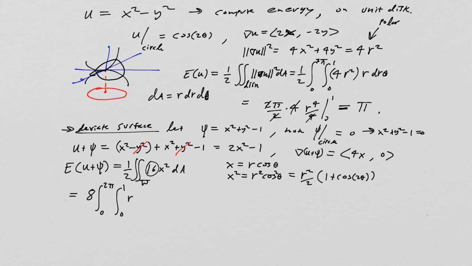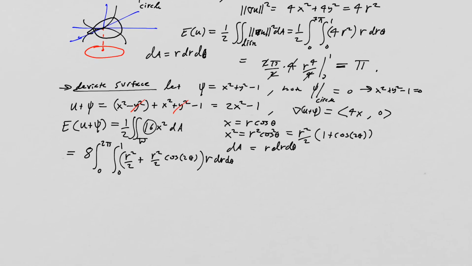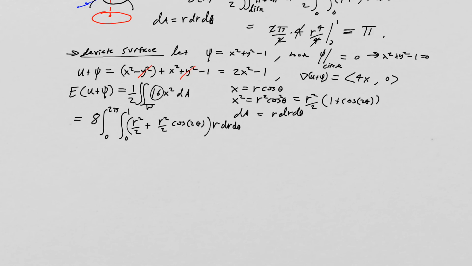And then what we have here is an r squared over 2 times r squared over 2 times cosine 2 theta. And then finally, what we have to do, of course, is have that dA is equal to r dr d theta. Put that there. So we have an r, a dr, and a d theta. And now we're ready to go with this integral here and compute all of this there.